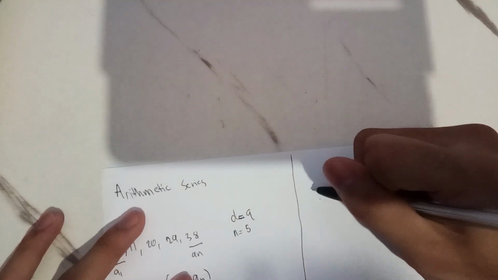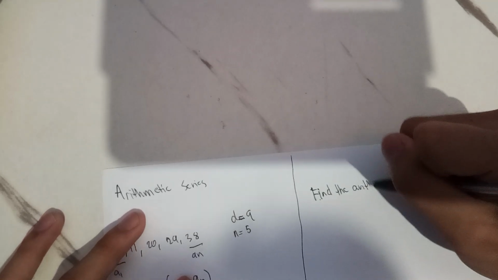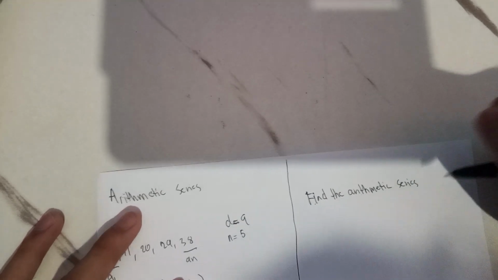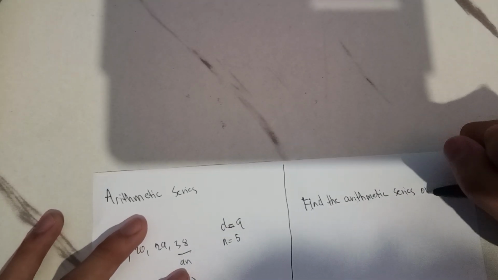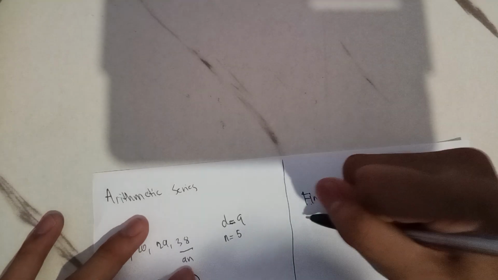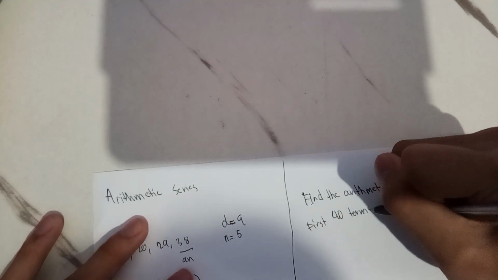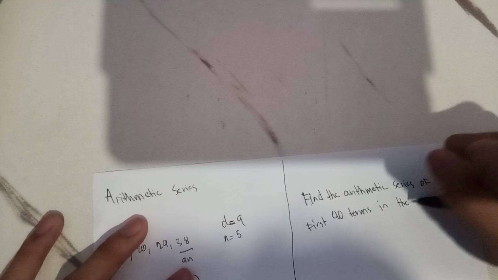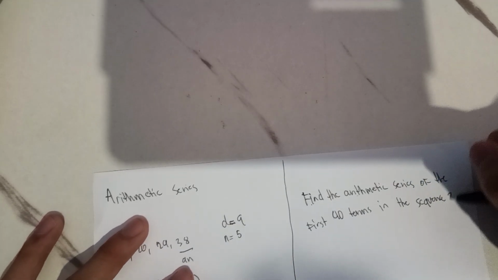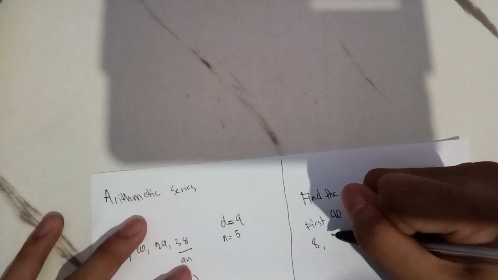Find the arithmetic series of the first 40 terms in the sequence: 2, 5, 8, 11, and so on.